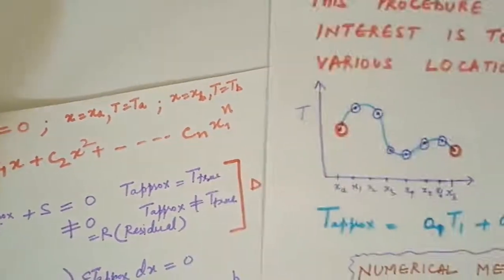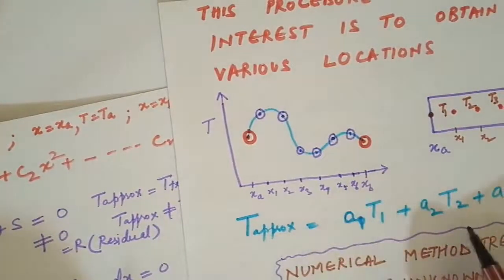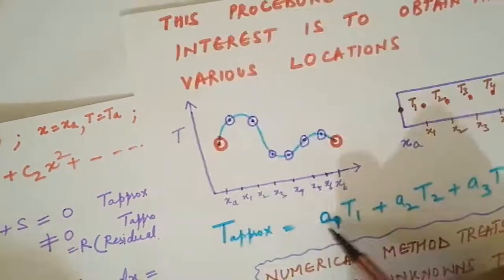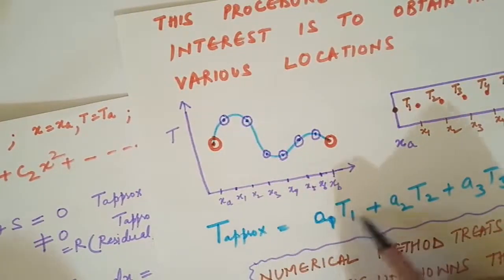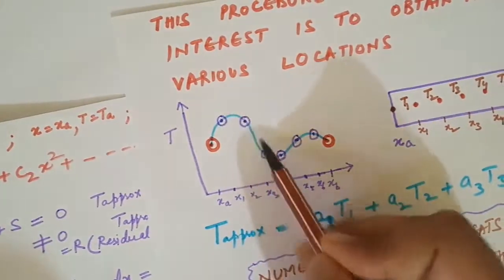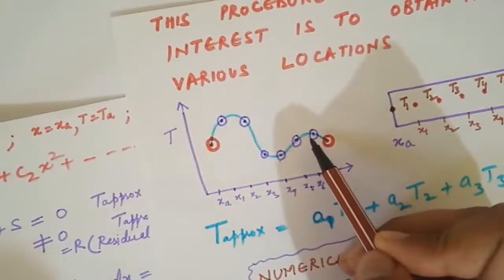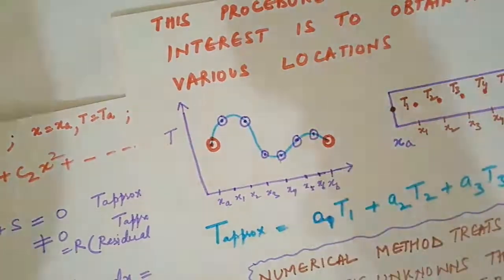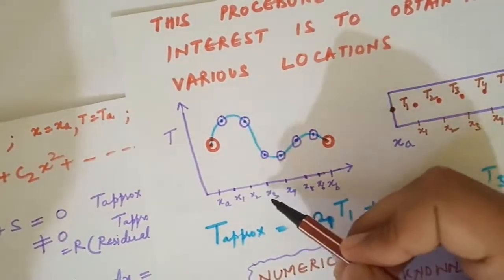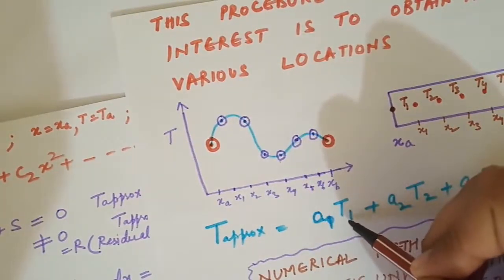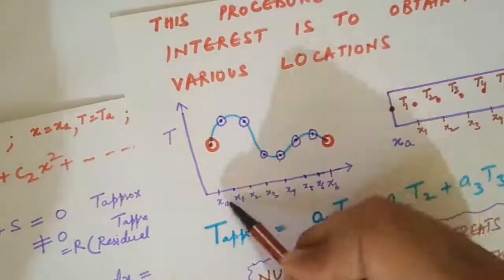But if we go by this kind of structure, we are essentially finding temperatures at only discrete points, because eventually when we solve this, we are solving for T1, T2. So eventually we will get values of these temperatures at these discrete points. We will not get temperatures in between, because our primary unknowns are now temperatures.